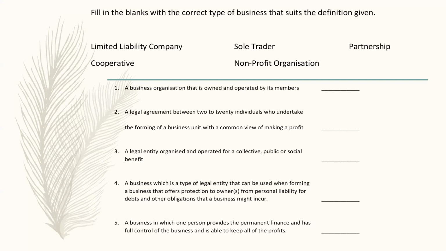All right, and number 5, your answer, of course, is a sole trader. I hope you would have been able to come up with those answers. And any questions, feel free to ask.